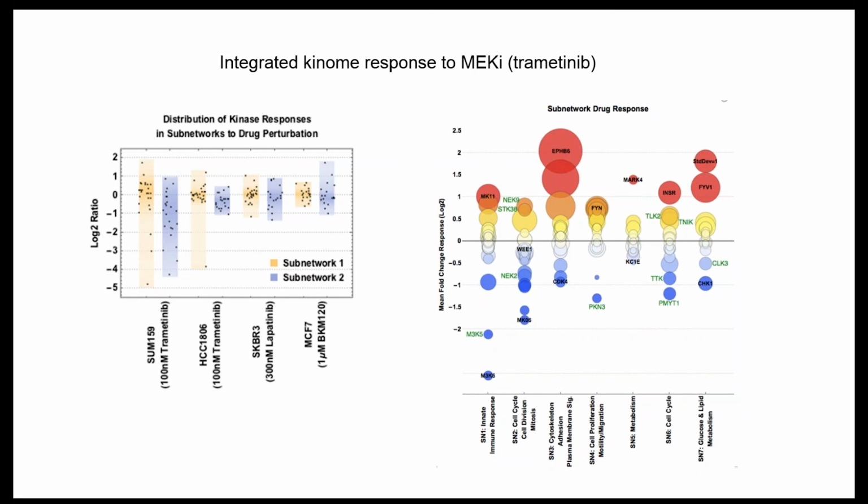And what we're actually looking at is log2 ratios of changes of the multiplex inhibitor binding. And you can see that kinases are very, very dynamic in their regulation, and you can see these changes in both inhibition and also increased binding to the inhibitor beads with drug treatment. This is a 24-hour treatment with trametinib of the different cell lines of the different subtypes.